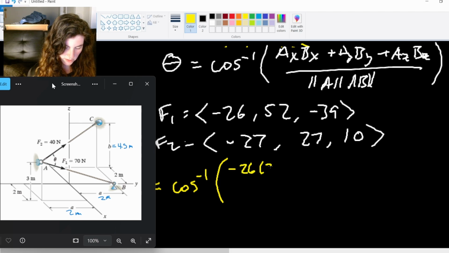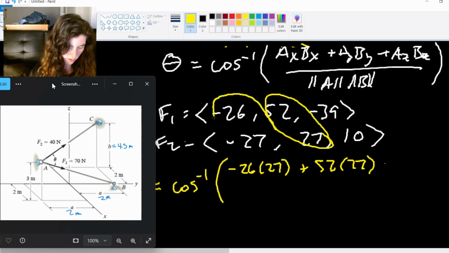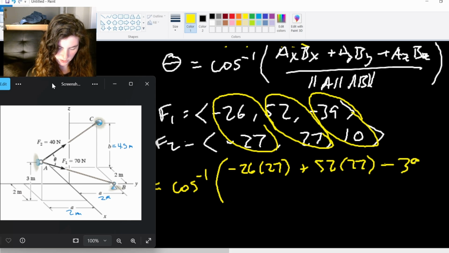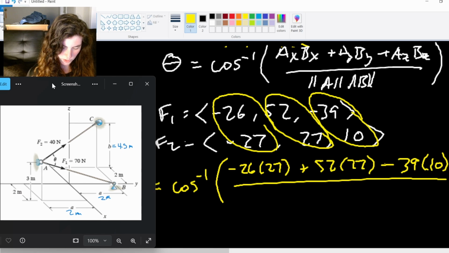Negative 26 times negative 27 plus 52 times 27, and that's just multiplying these across their rows, X components times X components, Y components times Y components, and Z components, negative 39 times 10. Then the magnitudes were given to us, right? 40 and 70.